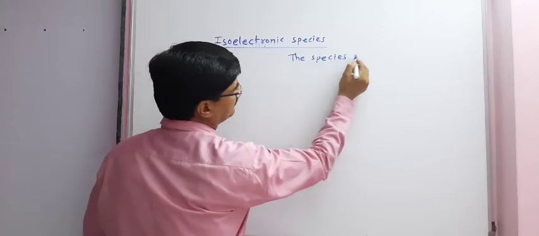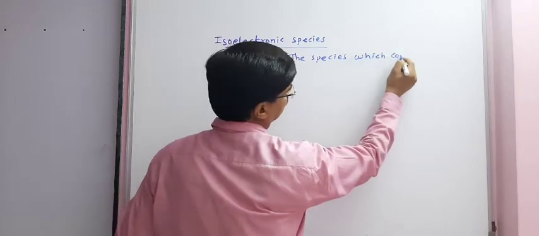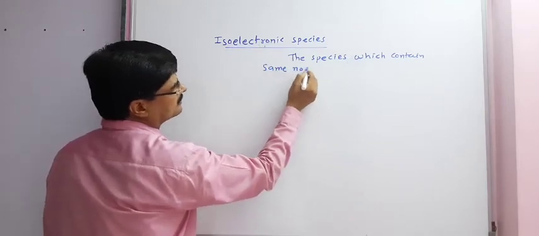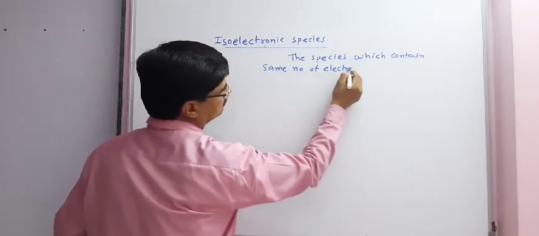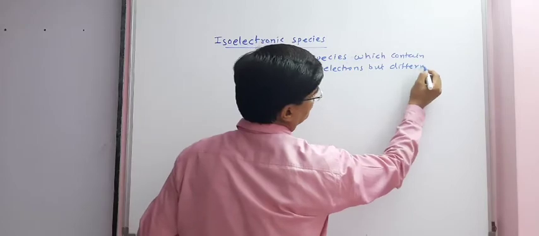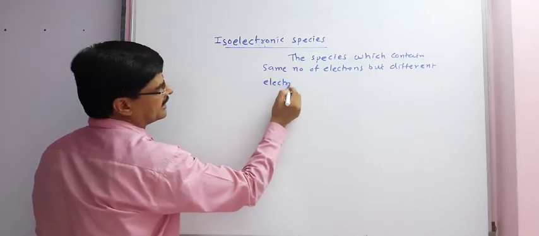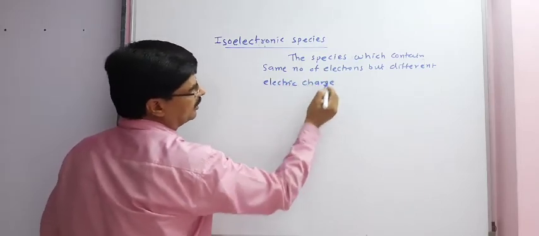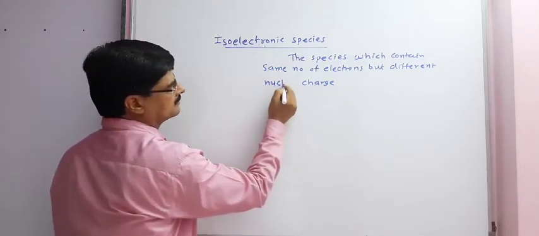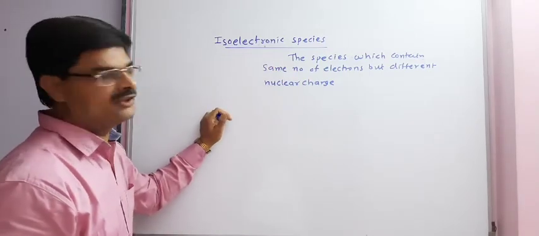The species which contain the same number of electrons but different electric charge, or simply we can say different nuclear charge, are said to be isoelectronic species.